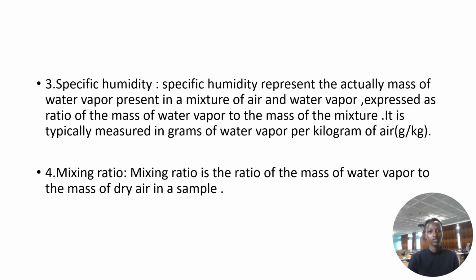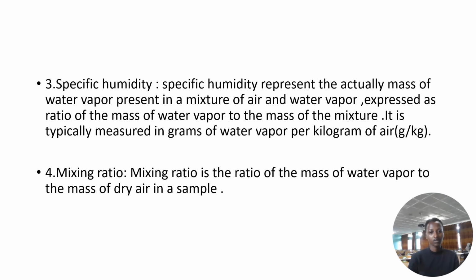Specific humidity represents the actual mass of water vapor present in a mixture of air and water vapor, expressed as a ratio of the mass of water vapor to the mass of the mixture. It is typically measured in grams of water vapor per kilogram of air.